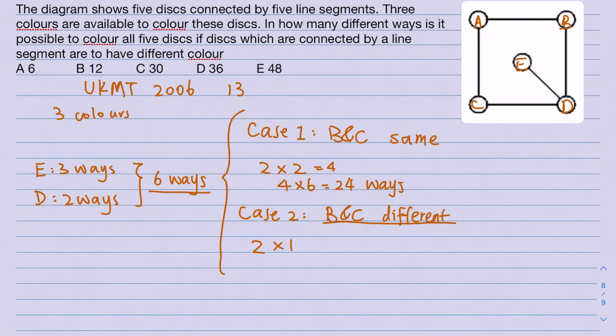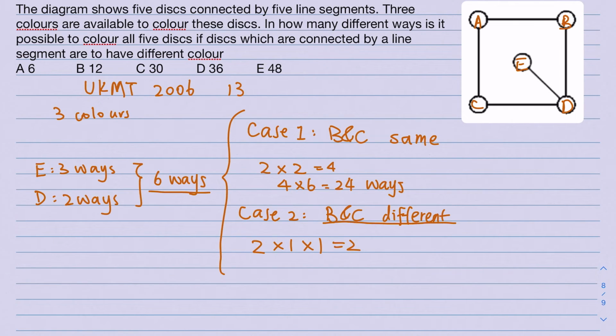And how about A? Well, this is a bit awkward for A because B and C used the 2 colors and there's only 1 remaining color left to color A so that they don't have the same color, right? So this is 2 ways. Now, as I said earlier, you could focus on C or you could choose to focus on B. If the color of D is determined, how many ways can we color B? 2, right?